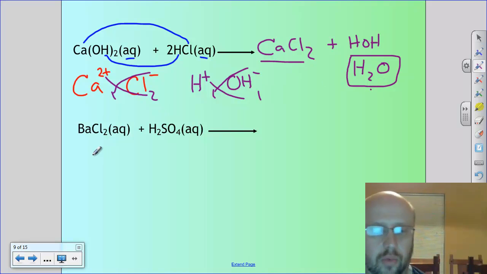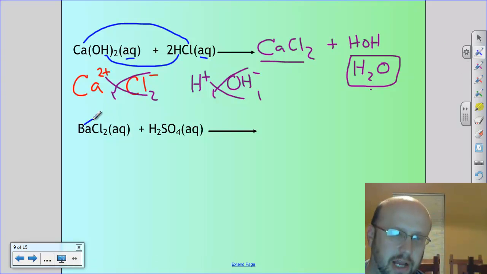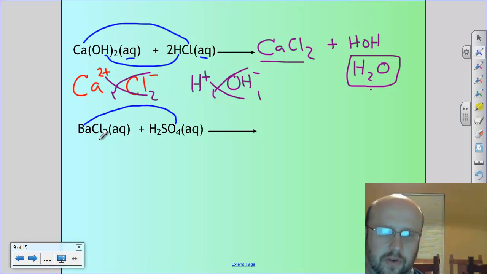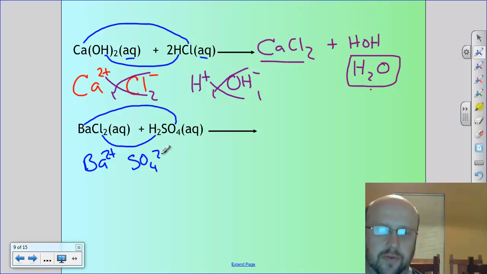All right, let's try one more of these before we make this a little bit more complicated. So again, we want to do outside barium to sulfate, and then inside chlorine and hydrogen. Okay, so we got to crisscross them. Barium has a 2+ charge. Sulfate. Okay, why does it go sulfate? First off, it was with chlorine, so it's going to have to go sulfate.